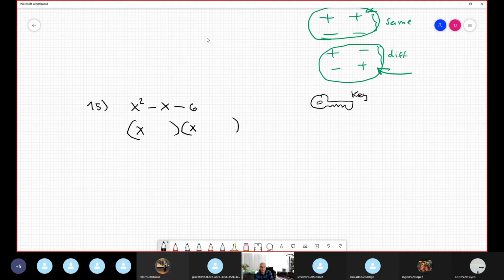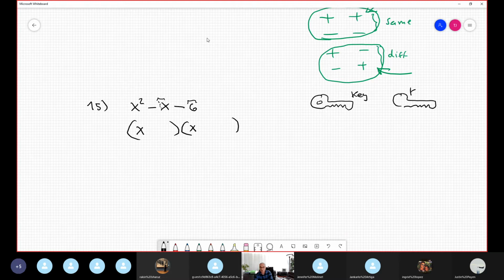Two numbers that multiply to give me 6 and somehow, when you add or subtract, give me 1. Because the numbers that can participate in the game are 6 and 1. It's an invisible 1 here. Where's the key? This is important, guys. After we find the key, we analyze the sign. Sometimes, in more complicated examples, we have two keys.